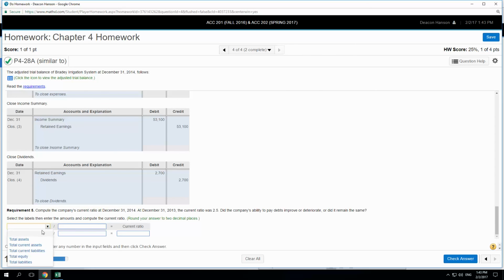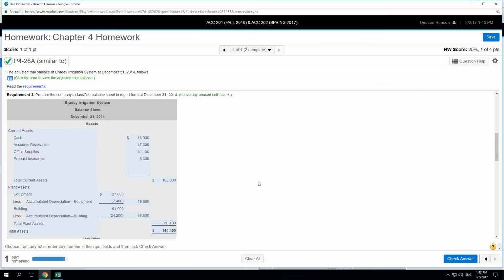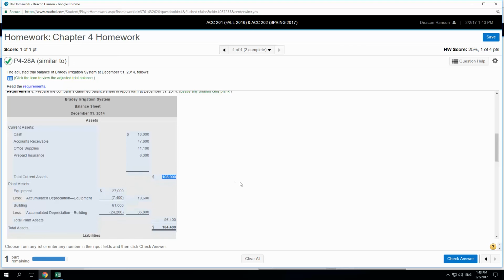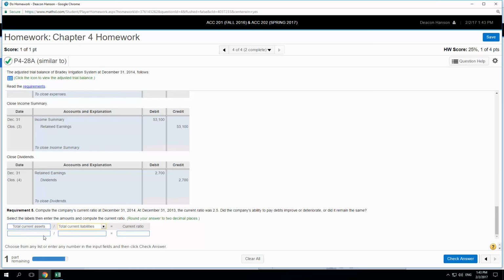So this is a pretty simple ratio. We're going to take total current assets and divide by total current liabilities, okay? And this is called the current ratio. Just go back to your balance sheet, find your total current assets figure of 108,000 and your total current liabilities figure of 45,000. Okay, so 108 divided by 45,000.